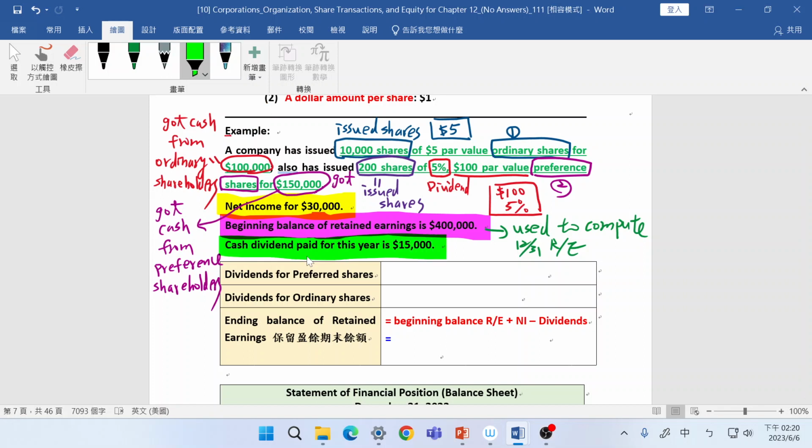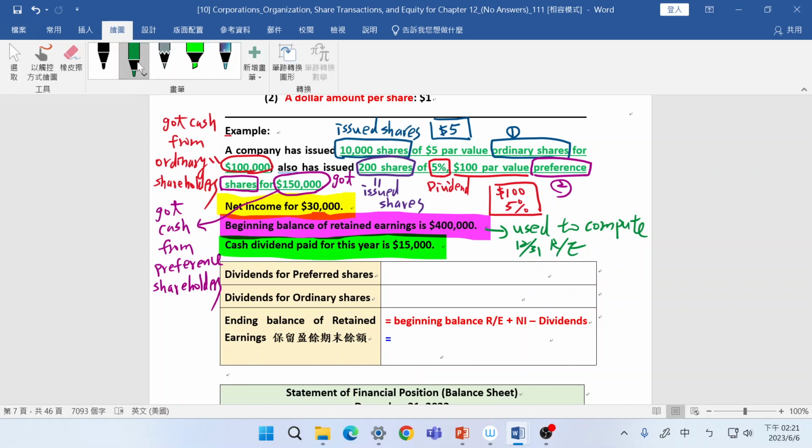So based on this information, remember preference shareholders, 特别股股东, have the priority, right? They will get dividends first. So try to find out what dividends we should pay to preference shareholders. Then the remaining belongs to ordinary shareholders, right?